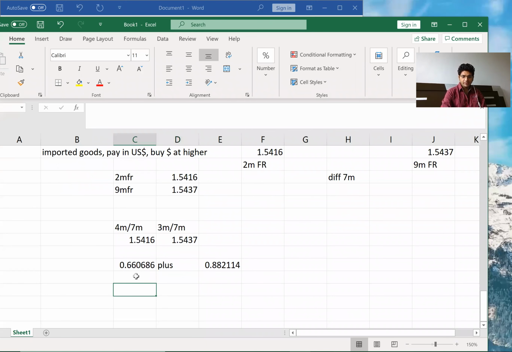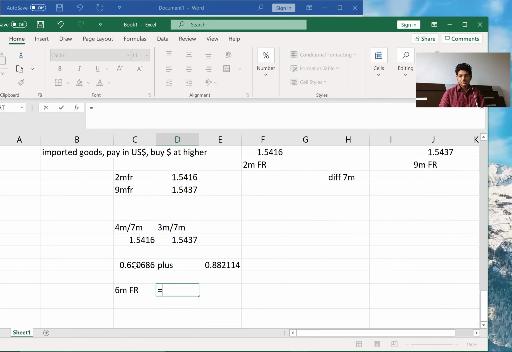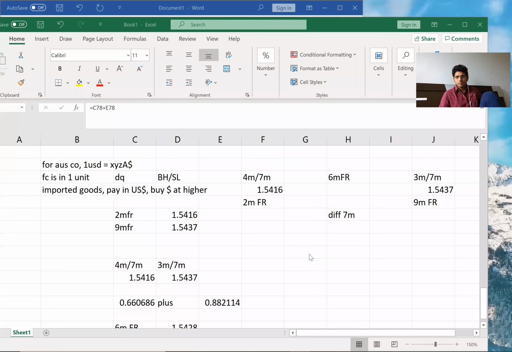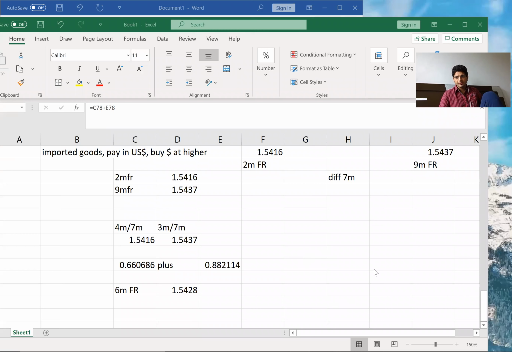Finally I have got my 6-month forward rate to be this amount plus this amount, 1.5428. Just check if 1.5428 is between 1.5416 and 1.5437. 28 is between 16 and 37. If you understood till here, we'll move forward. If anyone has any doubt till here, I can explain it again.